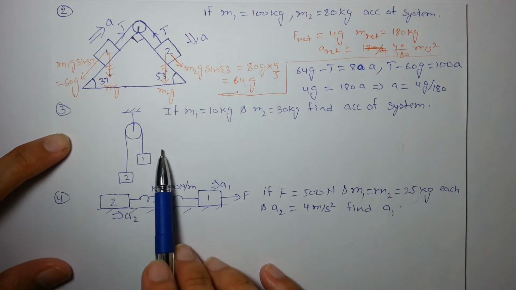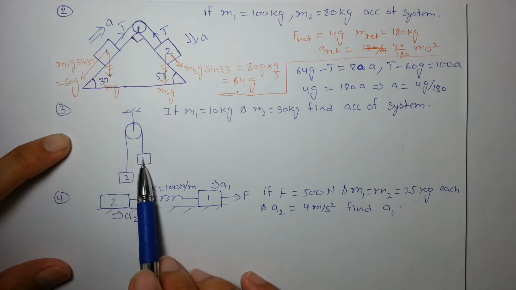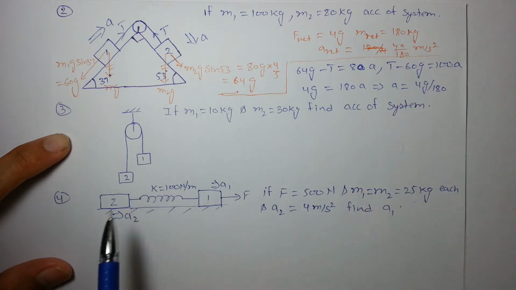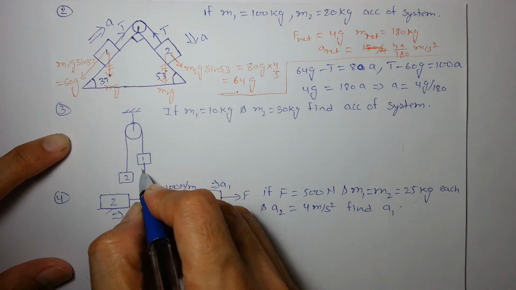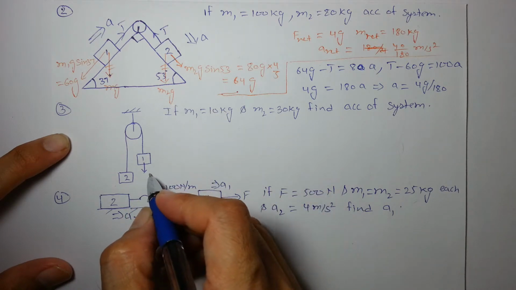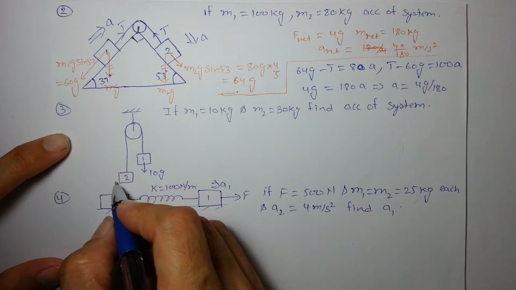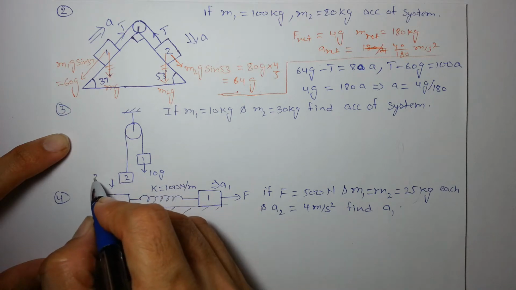In the next example, two blocks 1 and 2 with masses are given, and we have to find the acceleration of the system. Okay, similarly I can do it like this. Now m1 is 10g and this force will be 30g.